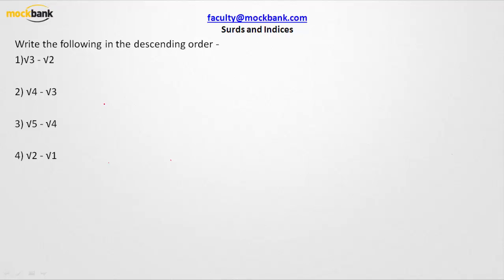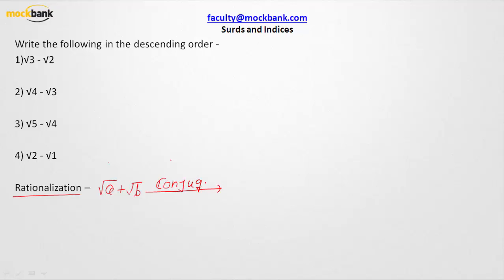So let us first try to understand what is this method. In this process, if I am given square root of a plus square root of b, what I'm going to do is I'll multiply the numerator and denominator by its conjugate.